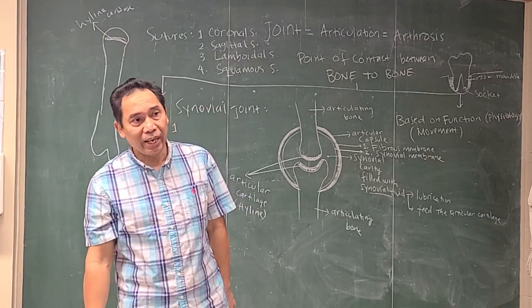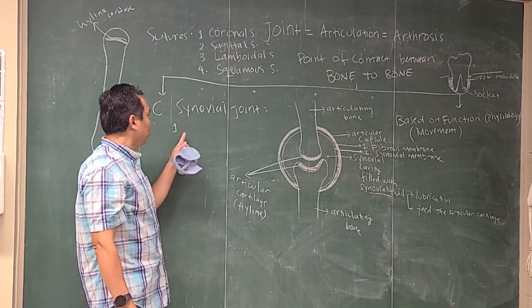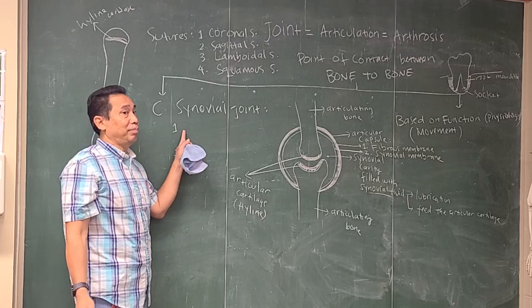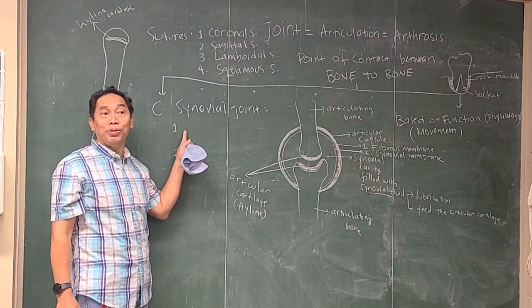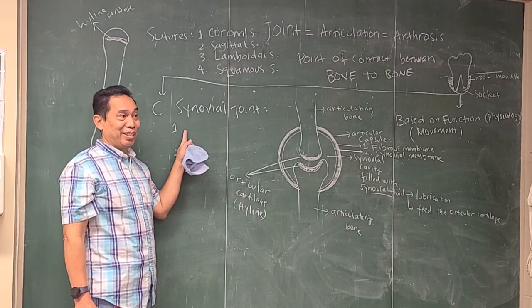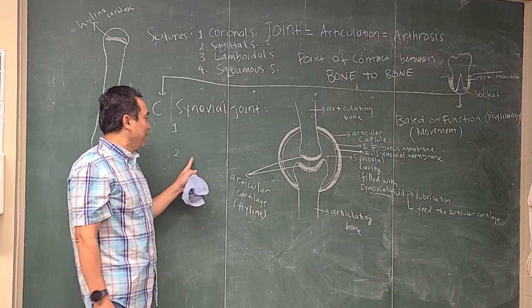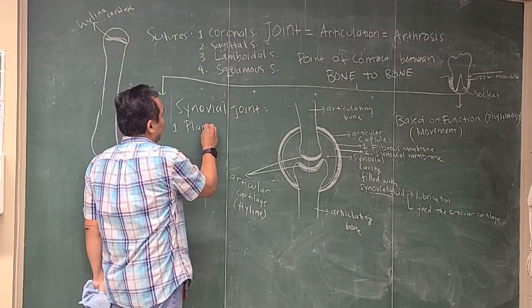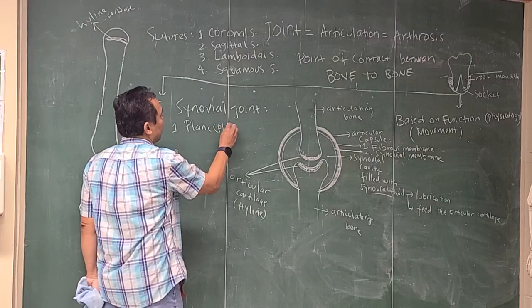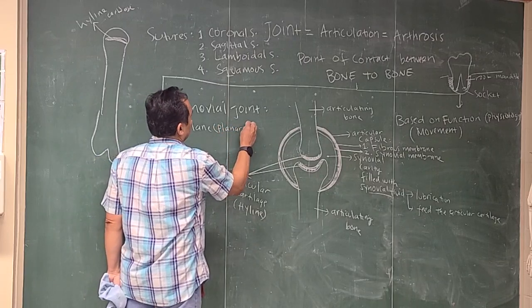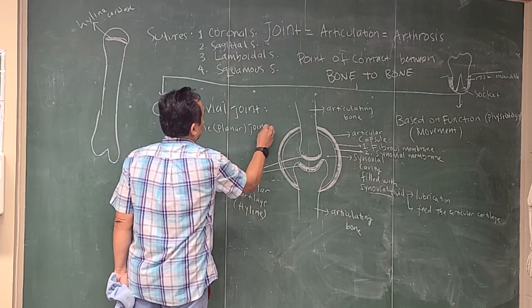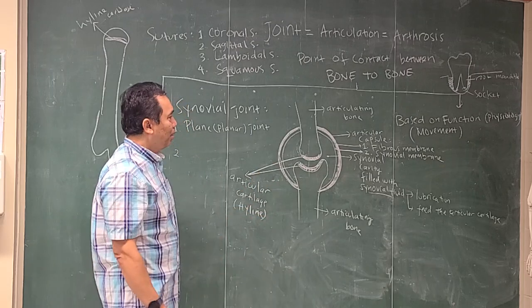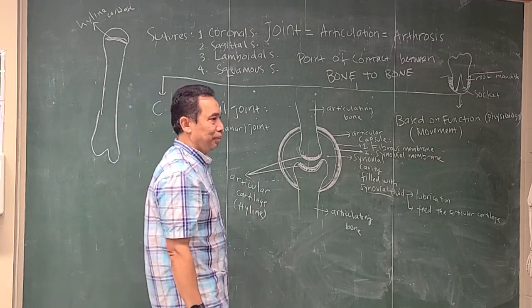In the exam, you actually have to know the names over here, because this is what you have to write during the lab exam. First one is called the plane or planar joint. Okay, planar joint.